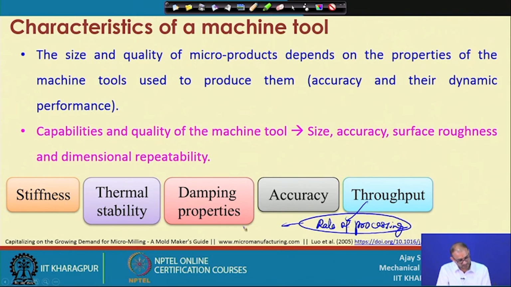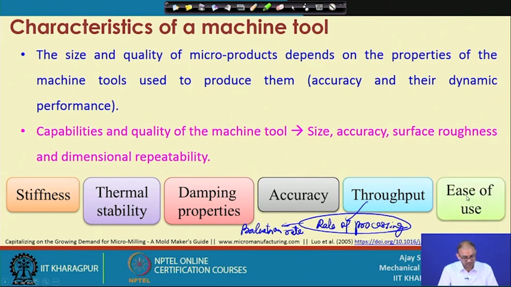That is important, because even if everything else is there, we should have a reasonable amount of throughput, so that we can justify the cost versus the production rate. The cost of the machine is obviously very high, but if you are not able to extract the required amount of work out of it, your machine will not be useful for other operations.